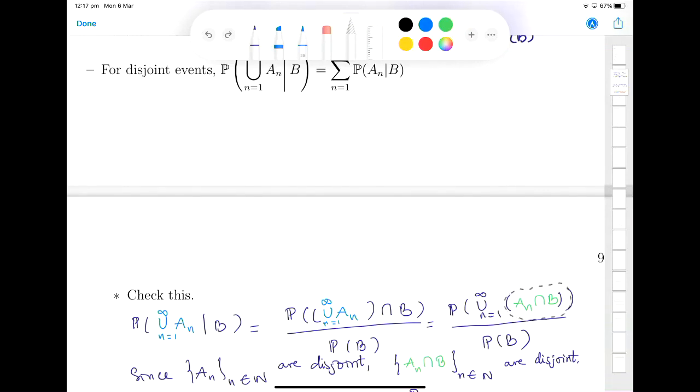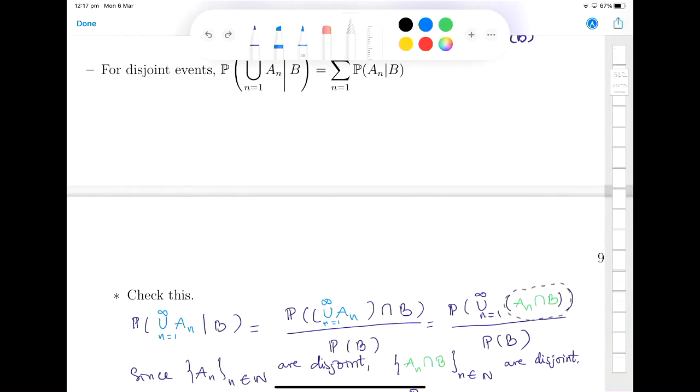What is the meaning, the definition, of disjoint? Empty intersection. From the definition, A_i intersect with A_j equals the empty set for any i different from j.